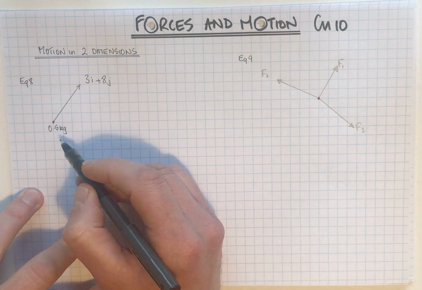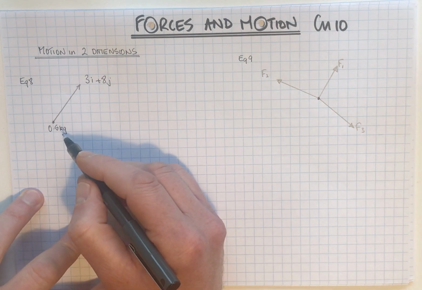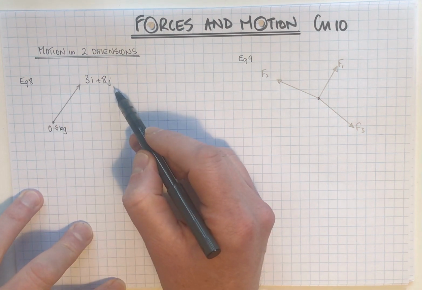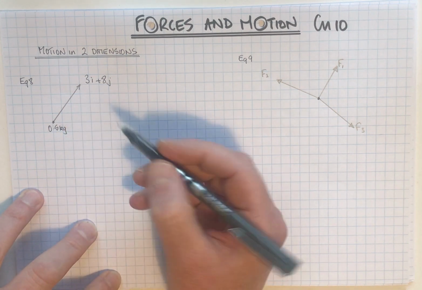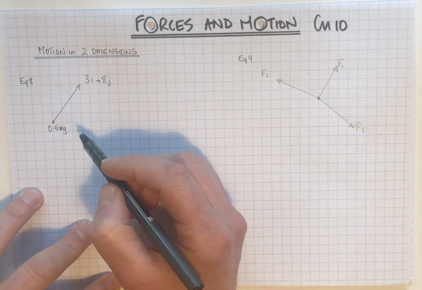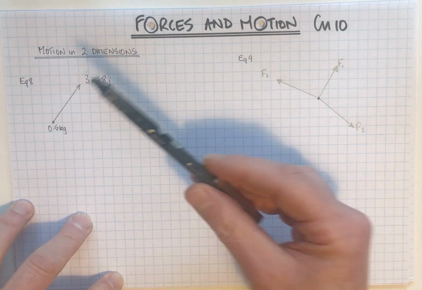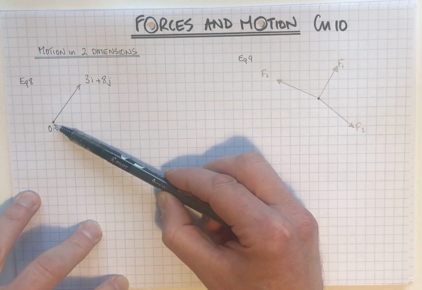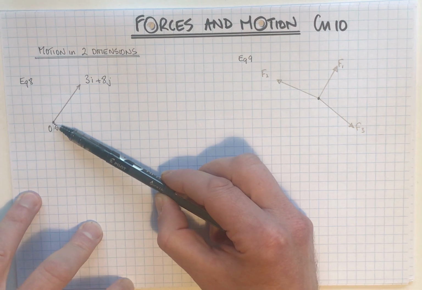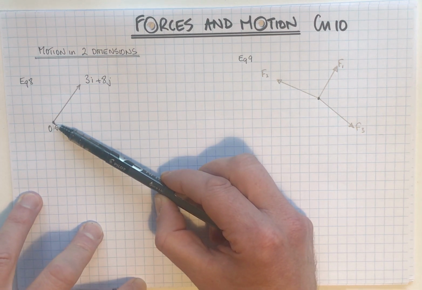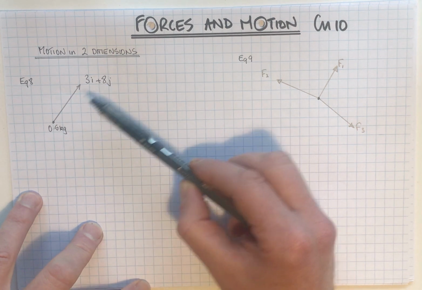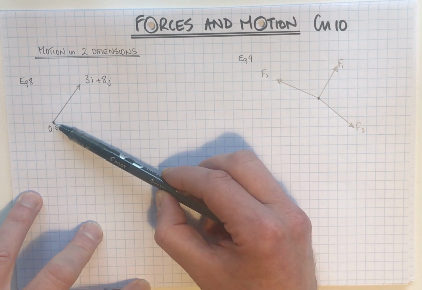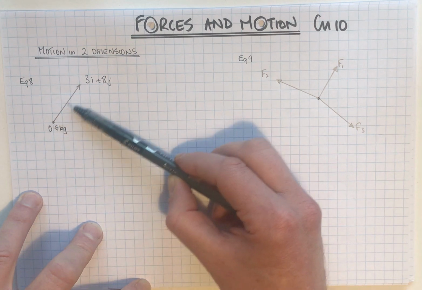We'll be needing it later on. So we have a force of 3i plus 8j, we have a mass of 0.5 kilograms. The question is simply, what is the acceleration? Well, irrespective of whether this object is at rest or not, if it's travelling at a certain velocity, then if you have a force of 3i plus 8j acting upon it, it'll start to travel, or accelerate rather, in that direction.